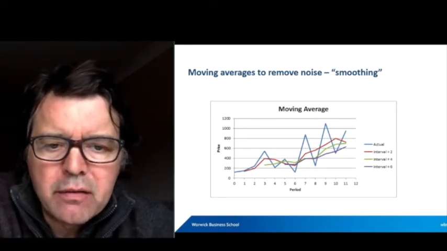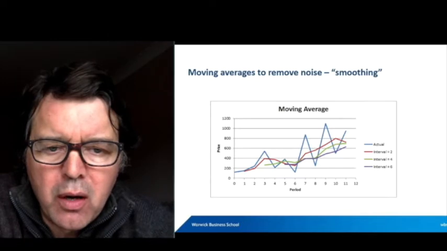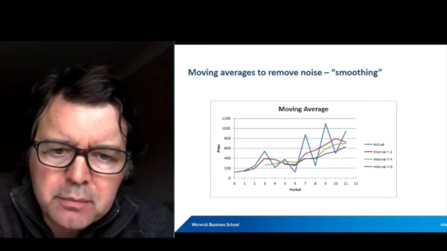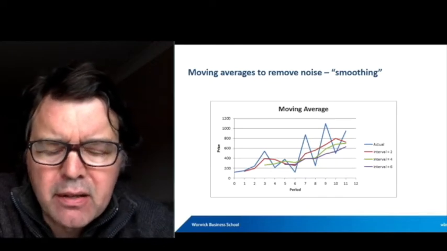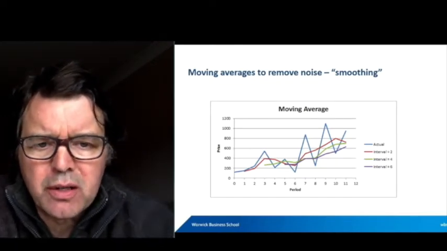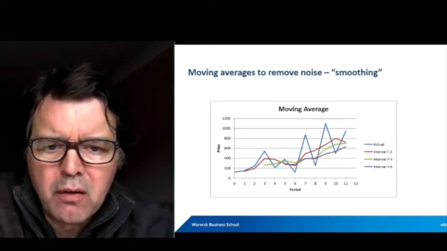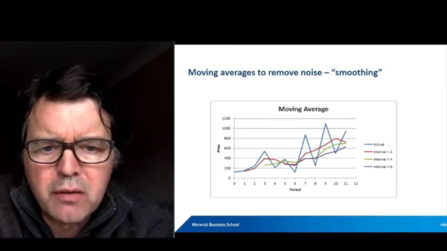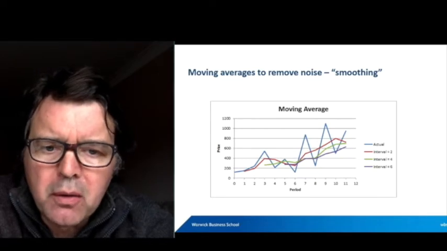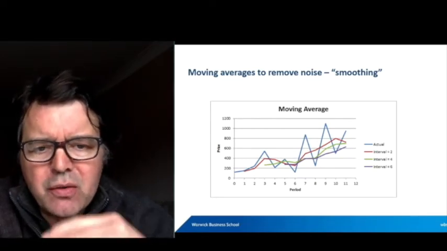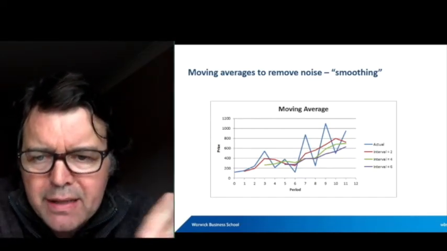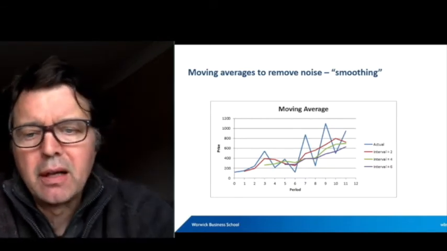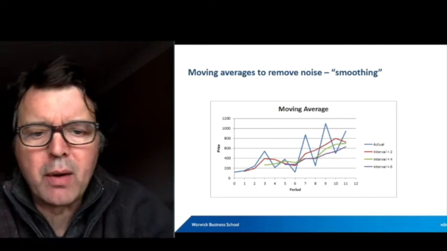Interval 2, interval 4 and interval 6 are all fairly similar, but the interval 6 one is pulled down a little bit too far, I would say. So it looks to me like interval 2 or interval 4 is doing a better job with this data, and it just lets you see the underlying trend in the data more clearly. Smoothing can be useful if your data is jumping around quite a lot.